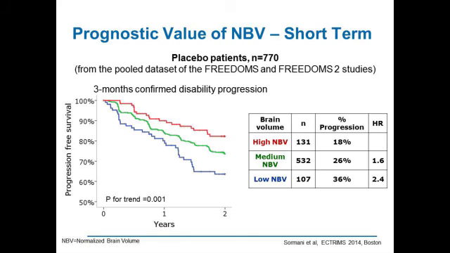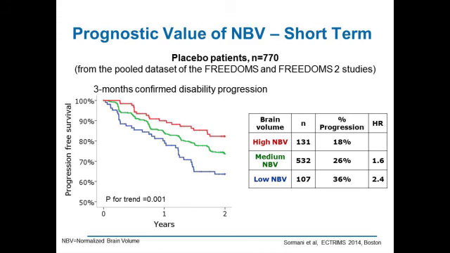Anyway, you see that a patient with a high volume of the brain has a lower probability of progression as compared to patients with a reduced volume of the brain. A patient in the low normalized brain volume category has a probability of progression that is 36% after 2 years, as compared to 18% in patients with the high volume of the brain.